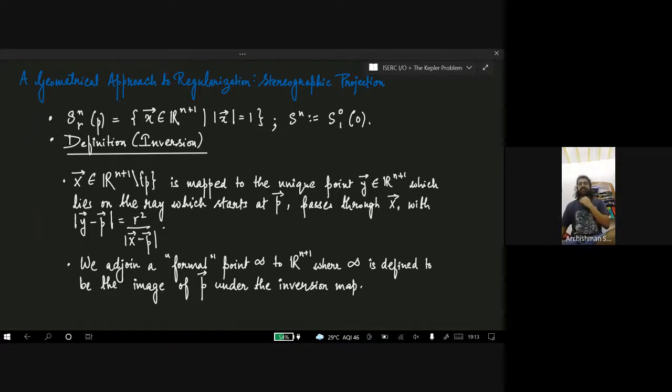So I'm going to call S^n_r(P) the sphere of radius r centered at P. This is an n-dimensional sphere of radius r centered at P, and S^n is our unit sphere.